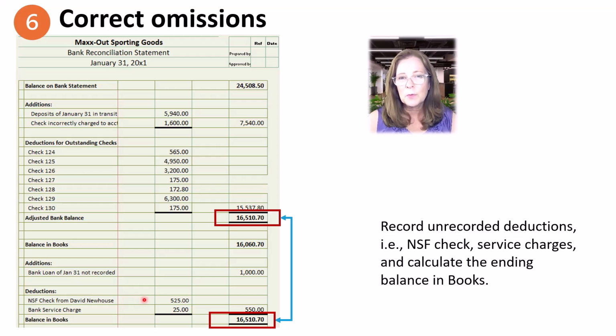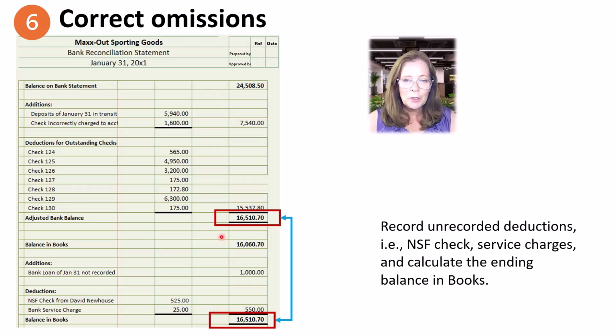And recall that this was a customer check that was originally deposited but was later returned by the customer's bank due to insufficient funds. The second item is the $25 bank service charge that the bank deducted from the account during the month. We enter both amounts in the deduction section of the reconciliation, and together they reduce the book balance by $550.